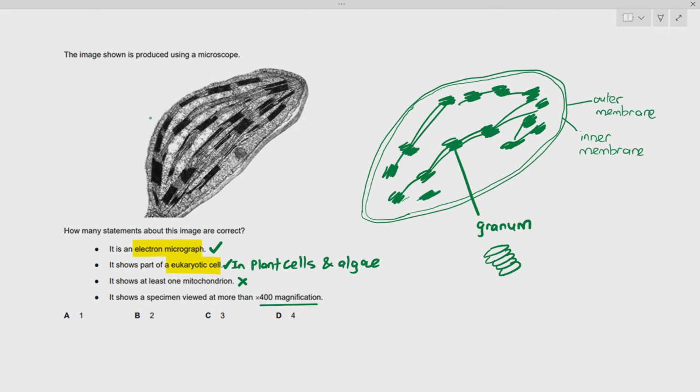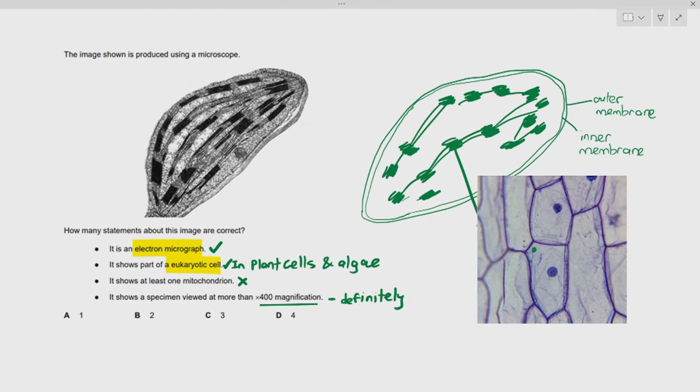That is correct, because with a light microscope, the magnification can go up to at least 1000, but this one over here is definitely more than 400. To give you a bit of context, if you were to view something at 400 magnification, this is what you'd see in a plant cell. You'd see the entire plant cell, and the chloroplast would just be a single green dot. Of course, you can't see the green dot here, but don't worry, you're not colorblind.